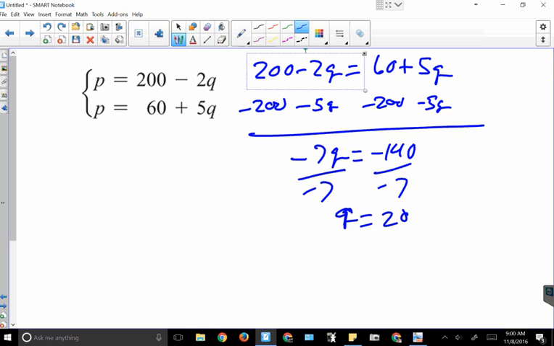No. If I put 20 up over here, that's going to give me negative 40, right? So that would give me 160, yes? I put 20 in there, that gives me 100. 100 plus 60 is 160. It doesn't matter whichever one you choose to plug it in.